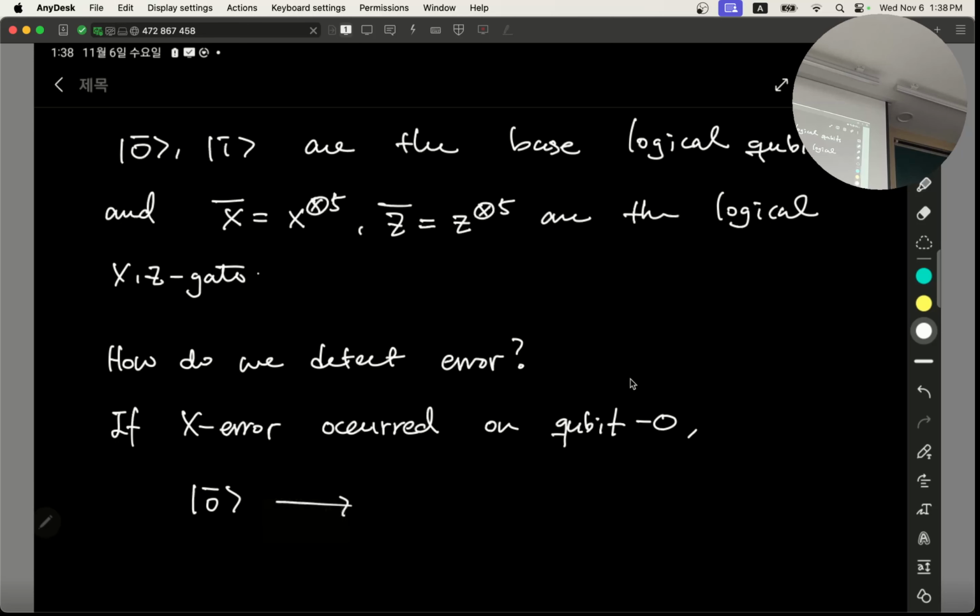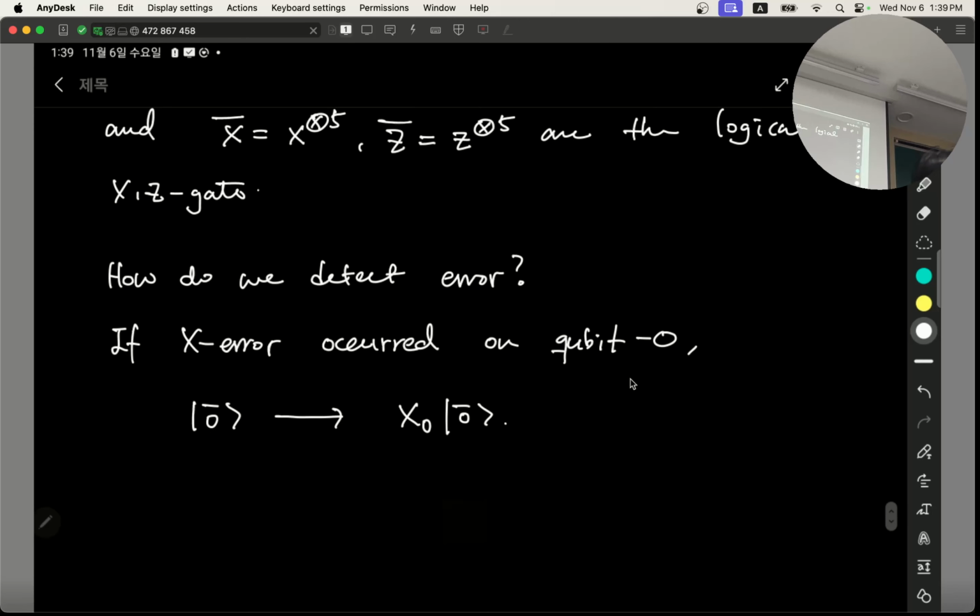Then what happens here? It becomes something, so let's see, X0 occurred on the logical qubit.